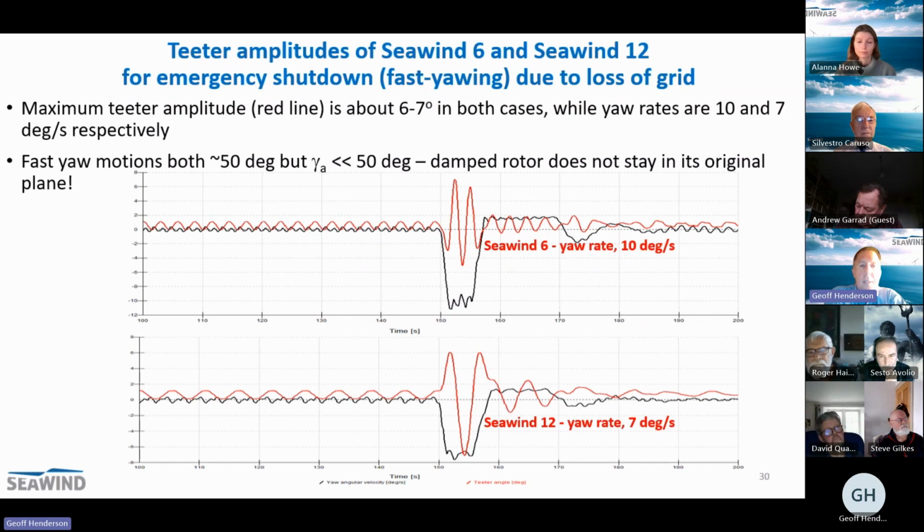In both cases, the turbine's yawing about 90 degrees in a matter of a few seconds, which, if it were a perfect gyroscope, let's say, should lead to a teeter amplitude of 50 degrees, but it's the damping of the rotor that stops it from staying in its original plane.